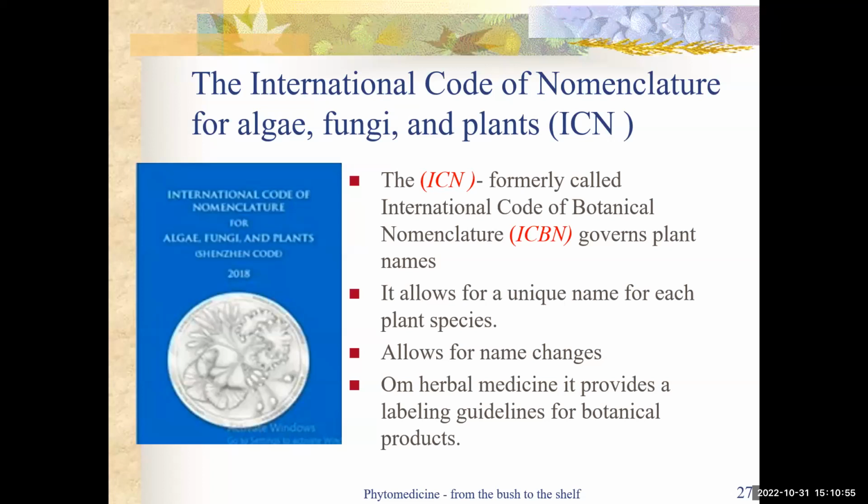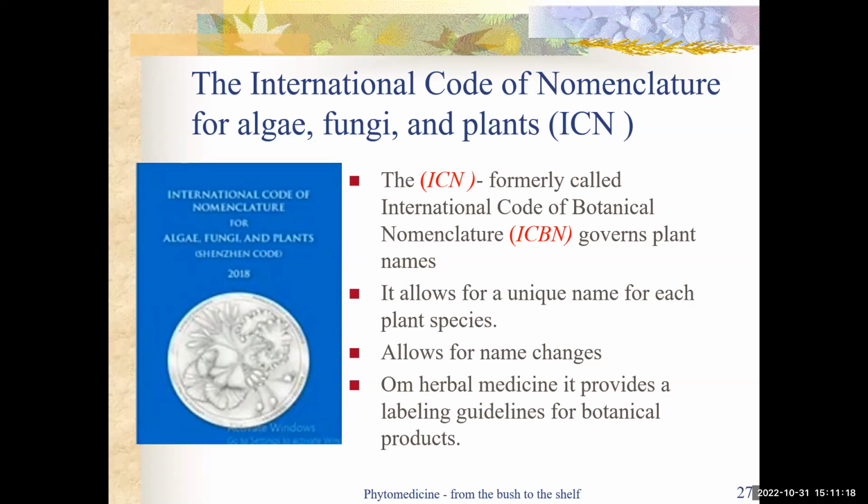Organisms like fungi are no longer considered to be plants. They actually have a phylum of their own. So now it was not botanical anymore. We actually say which of those groups are covered by this code. So we have the International Code of Botanical Nomenclature.